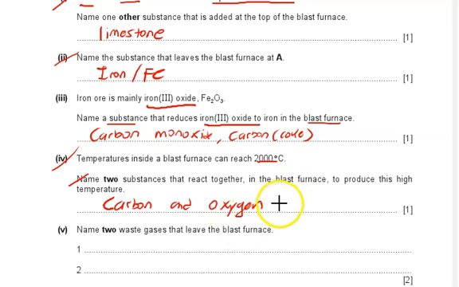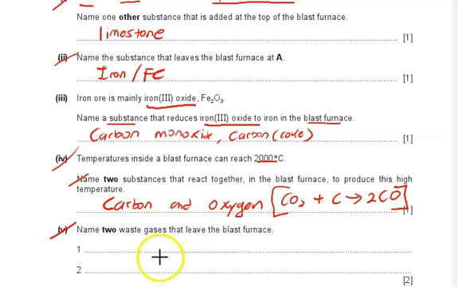Which is this equation, C plus O2, carbon dioxide. Plus with the carbon, it will produce you carbon monoxide. So this process is very exothermic, so it produces a very high temperature. So name two waste gases that leave the blast furnace. So here the waste gases are carbon dioxide, and also you will have here nitrogen.